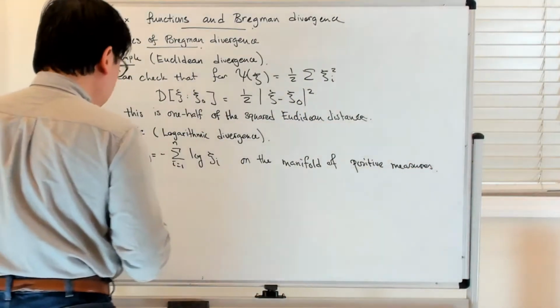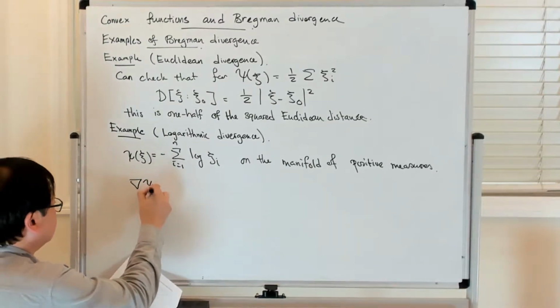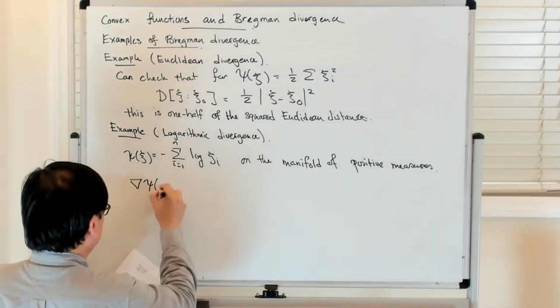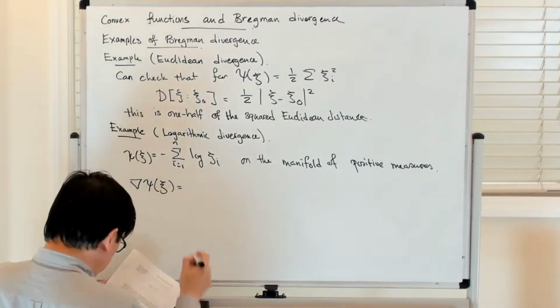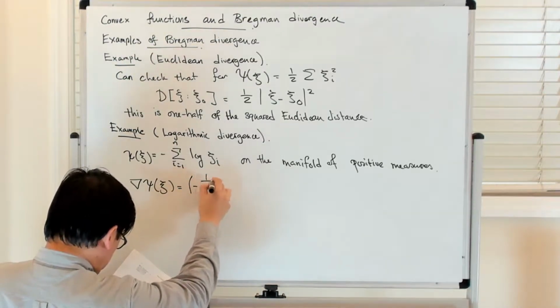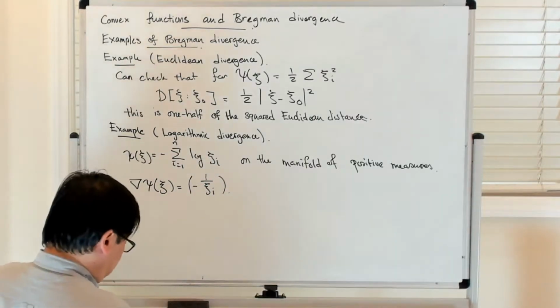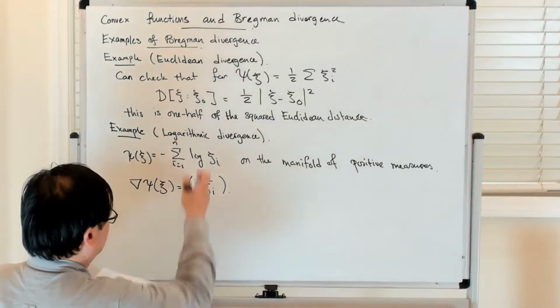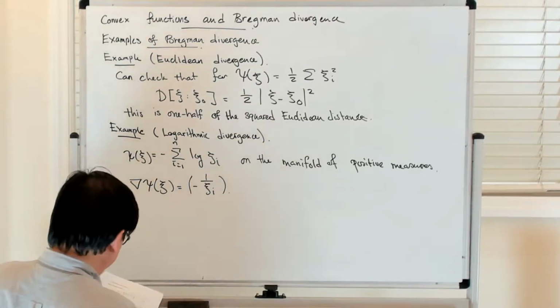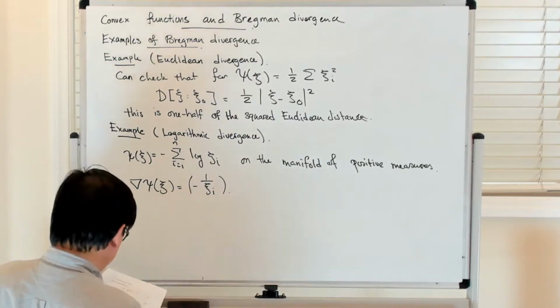Okay, so you can check what its gradient is. The gradient is just equal to negative, well, you should think of this as a vector, right? So this is just the ith component of that vector.